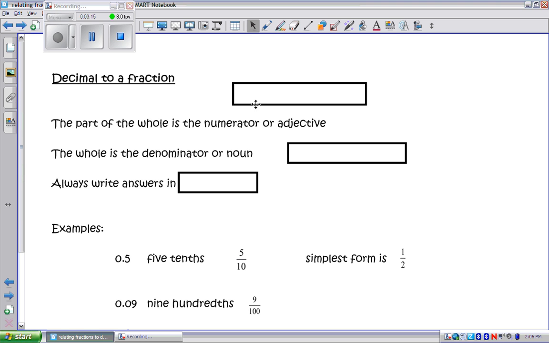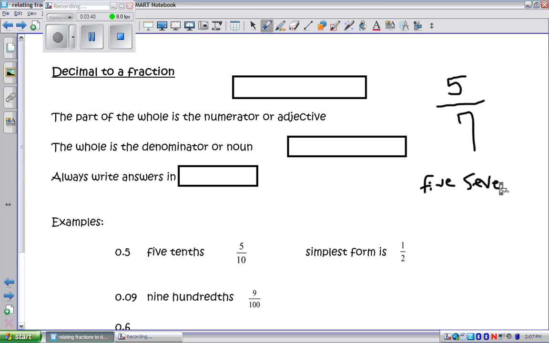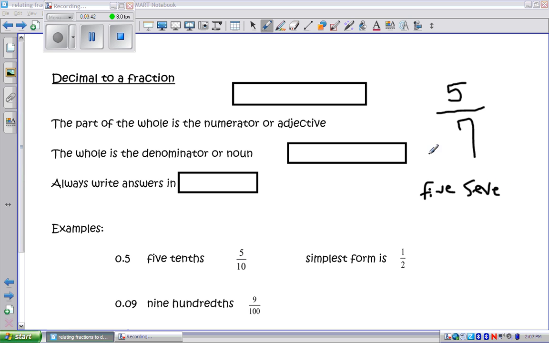So for instance, when we talked about this connection in fractions, 5/7, the numerator is the adjective describing how many sevenths I have. And the sevenths is the noun. That's the thing I happen to have.